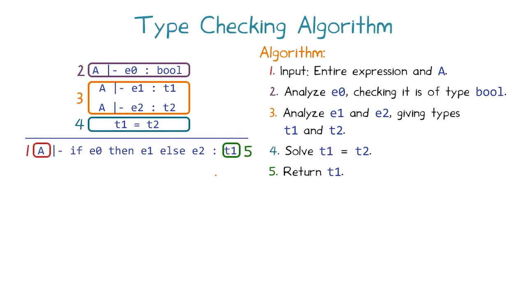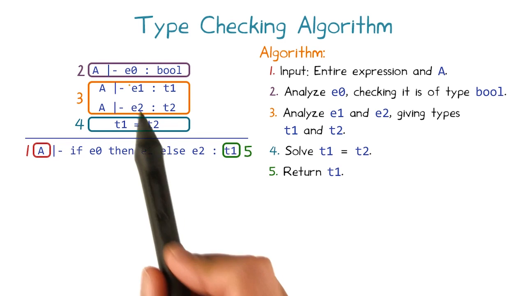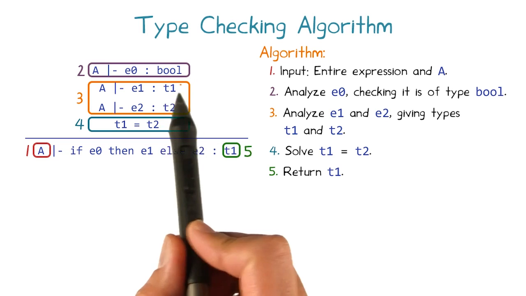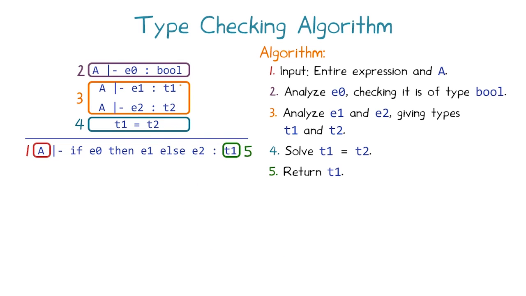In this instance of the algorithm, we show how an if-then-else expression would be analyzed. First, E0 would be checked to ensure that it is of type bool. Then, E1 and E2 would be analyzed to determine their types T1 and T2 respectively. Then the algorithm would attempt to satisfy the side constraint T1 equals T2. Assuming this constraint is satisfied, T1 would then be returned.